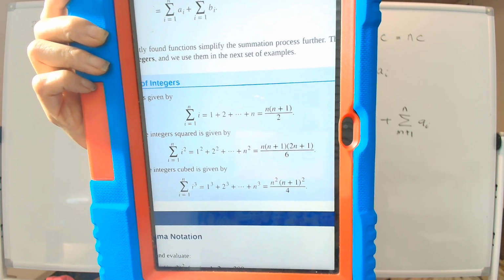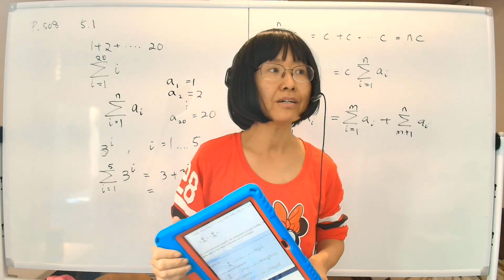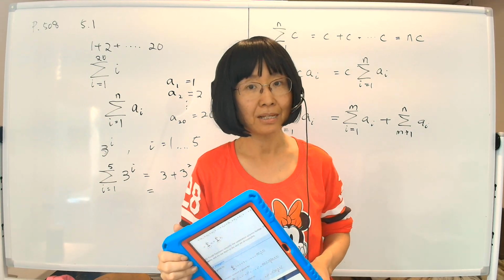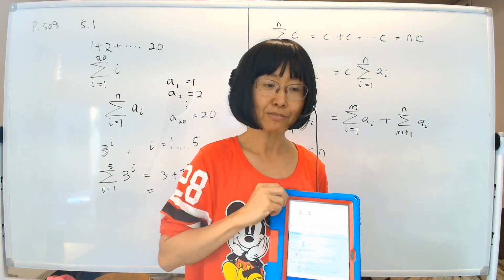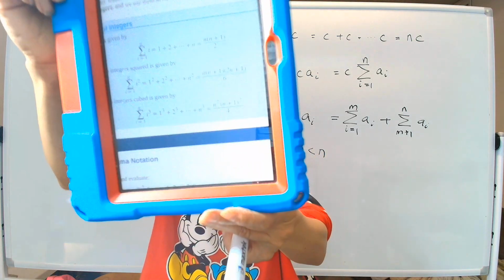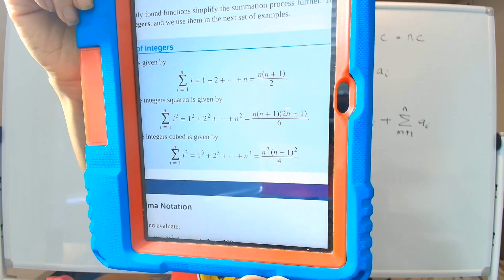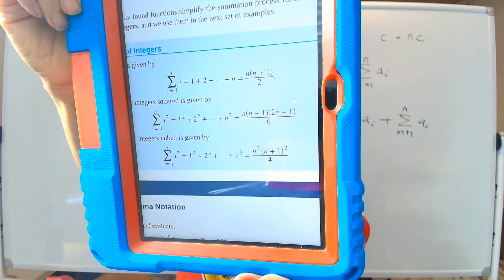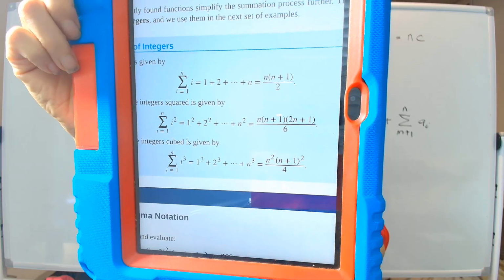The formula is related to the area of the trapezoid. The area of the trapezoid is the base times the top plus bottom times the height over 2, and that's the idea of this. So that's how you can memorize this formula. In fact, just remember the area of the trapezoid, although it's not really that big a deal that you have to memorize this. You just look it up, okay?